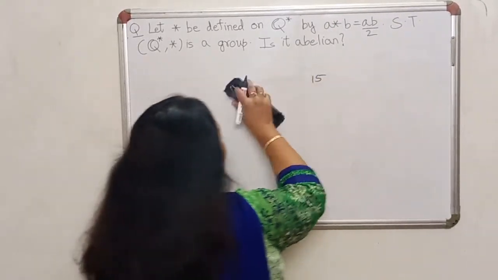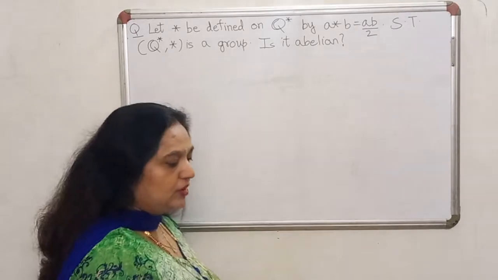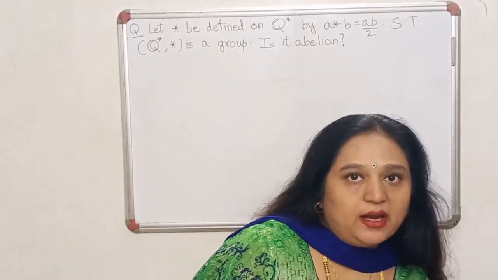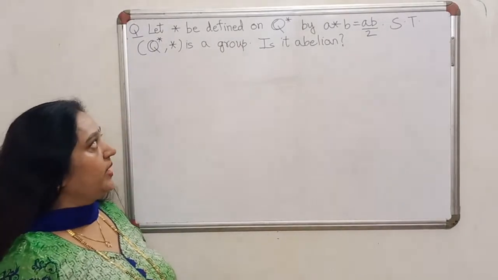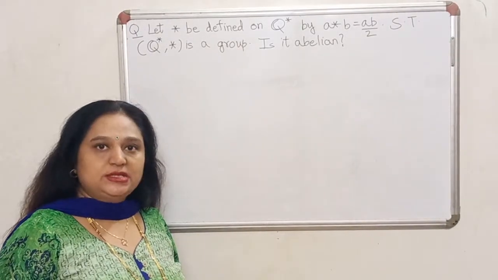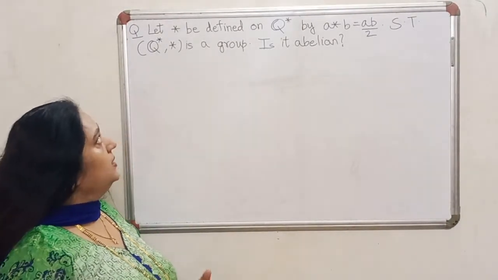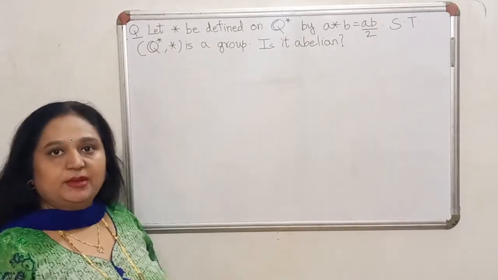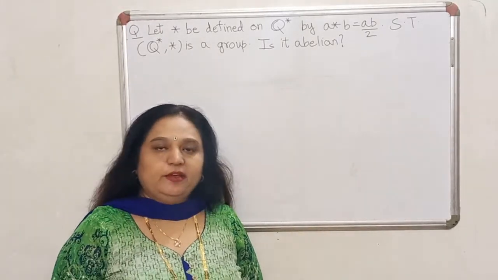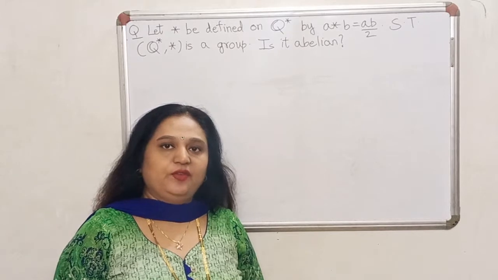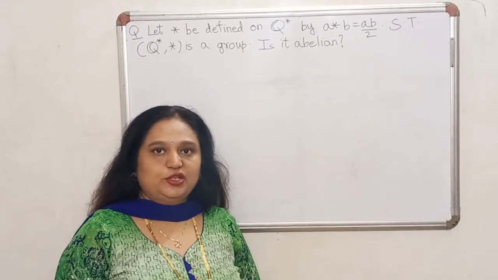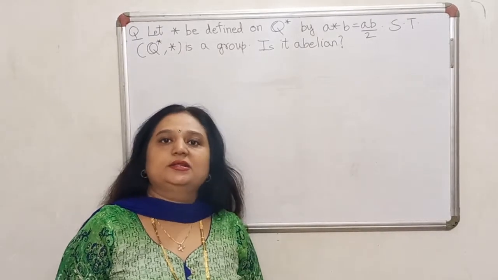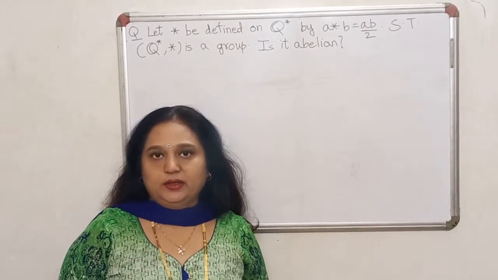So our aim is to prove that for this operation, Q star becomes a group, and then further we would like to explore whether this group is abelian. Now when we wish to prove that something is a group, by the definition there are three axioms that we need to verify: the associative property, existence of identity, and existence of inverse for every element in the group.